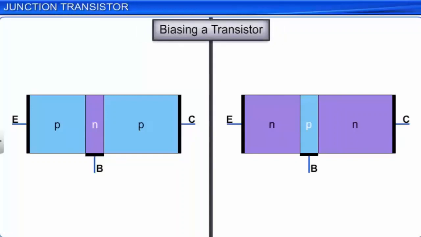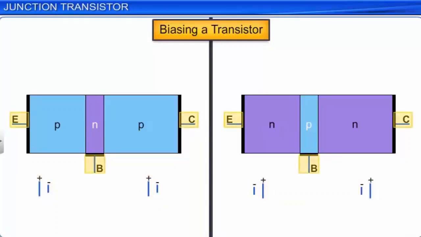To bias the two p-n junctions, we require a pair of terminals for each p-n junction. Thus, in total, we require 4 terminals. But the transistor has only 3 terminals. Hence, one of the terminals is made a common terminal to bias the two p-n junctions.